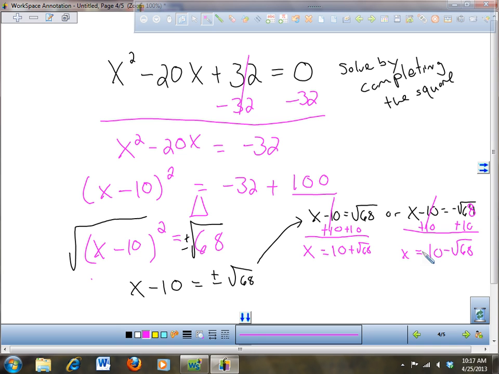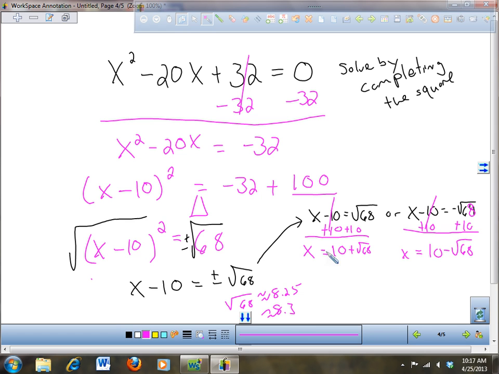Now, you might want a rounded off answer. So if I take my calculator and I do the square root of 68, second square root of 68, I get that that's about 8.25. So square root of 68 is approximately 8.25. So if they said round to the nearest tenth or something like this, you would round up to 8.3.